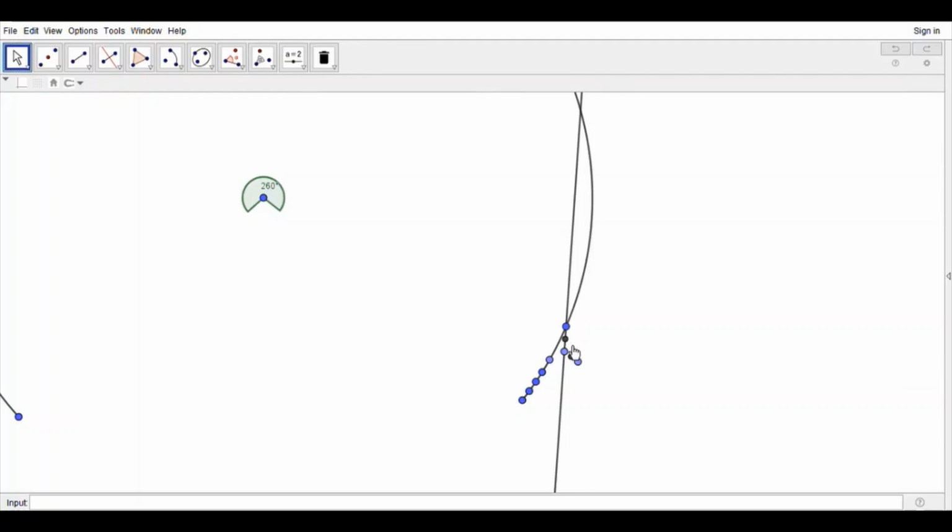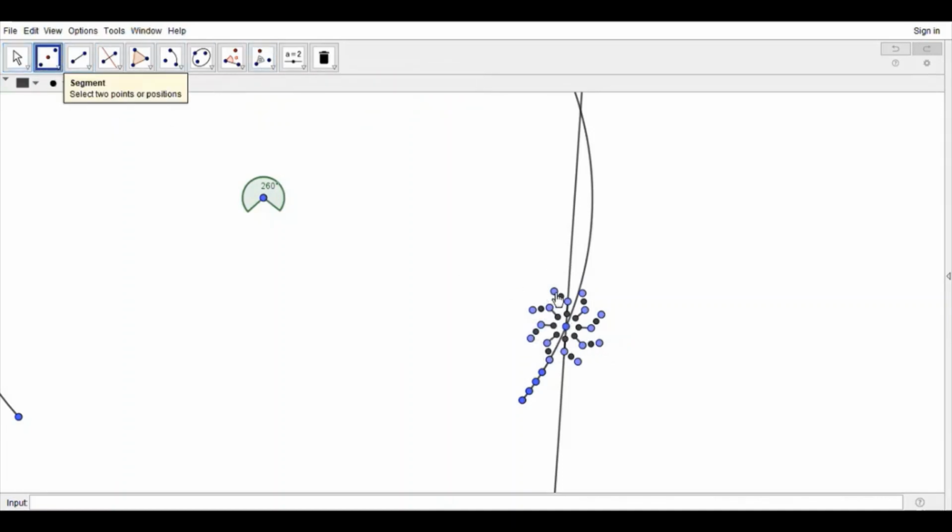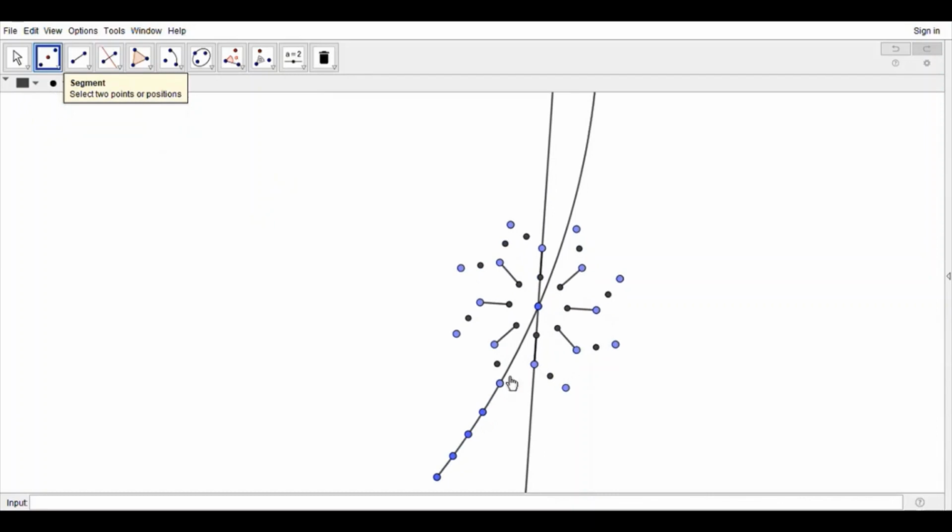Now we're going to do the rotation of these 4 points around this point with 45 degrees 8 times. And now we will construct the midpoints of these segments.